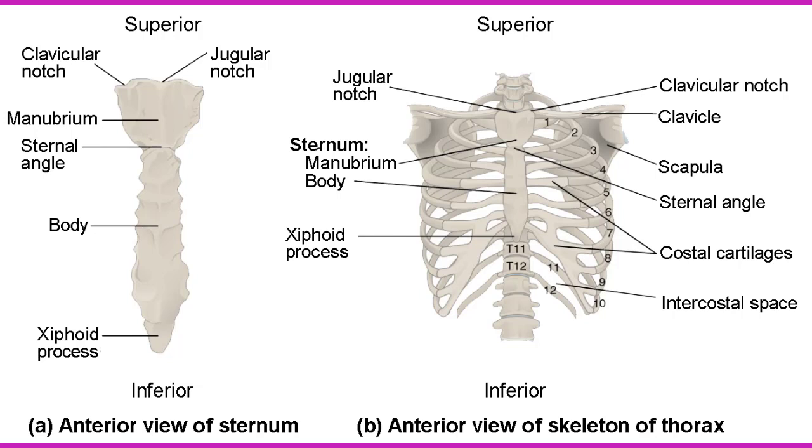So the last 2 false ribs, which are ribs 11 and 12, are also called floating ribs or vertebral ribs. And these are short ribs that do not attach to the sternum at all. Instead, their small costal cartilages terminate within the musculature of the lateral abdominal wall.